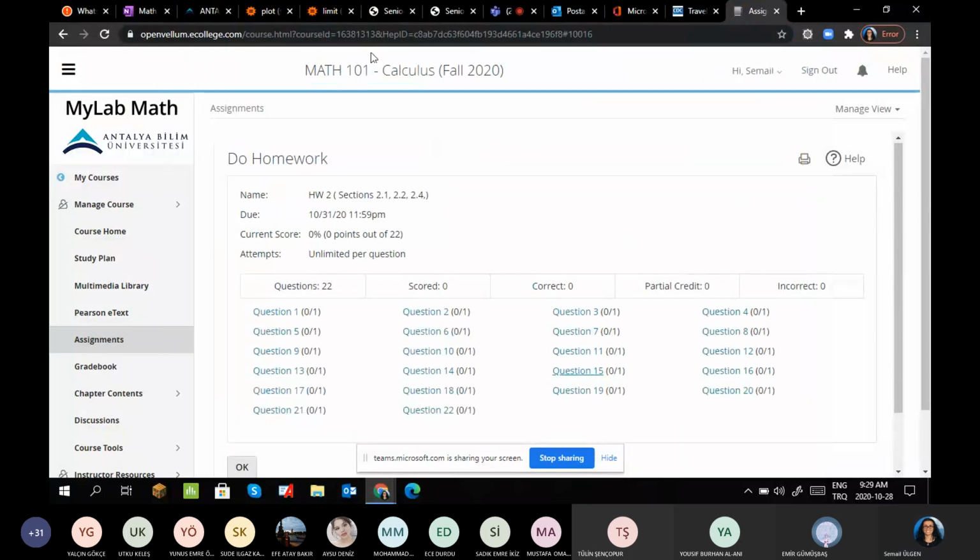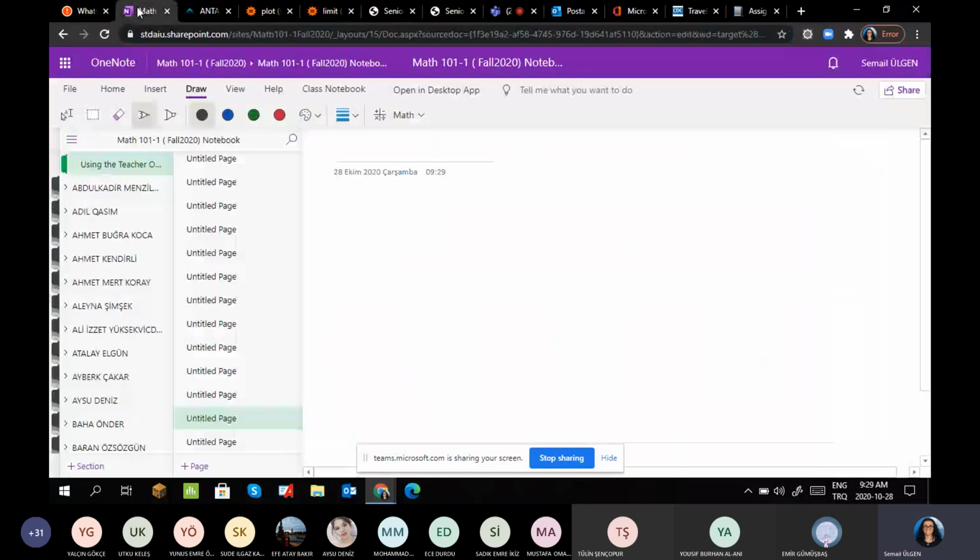I'm going to go back to my screen here. This is question 15, homework 2. 7 minus 4x squared is less than or equal to g of x, and then less than or equal to 7 cosine of x.